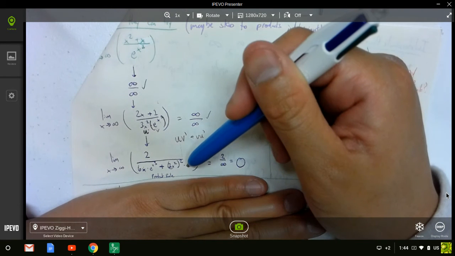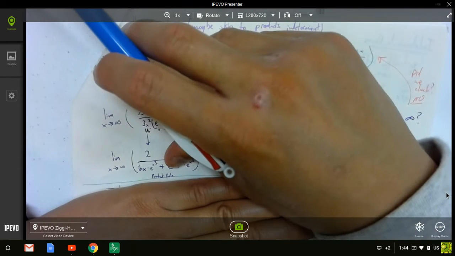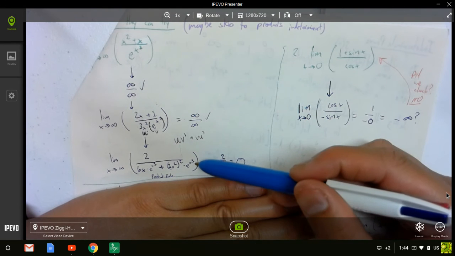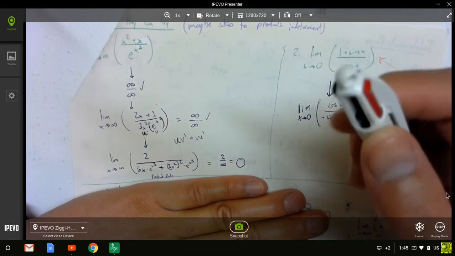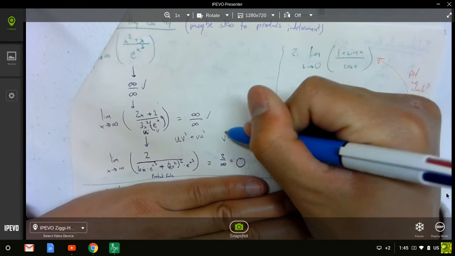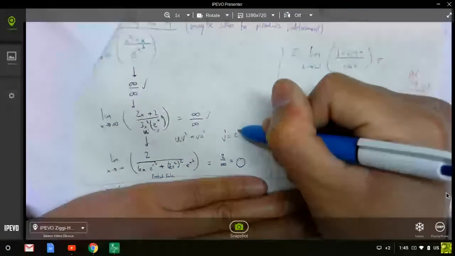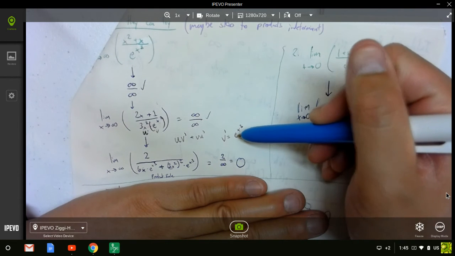And then when you take the derivative of e to the x cubed, it's going to be e to the x cubed times 3x squared again. Just to write this on the side, if you don't understand what I just did, v prime is going to be e to the x cubed. The derivative of e to the x cubed is just e to the x cubed, but don't forget the chain rule.